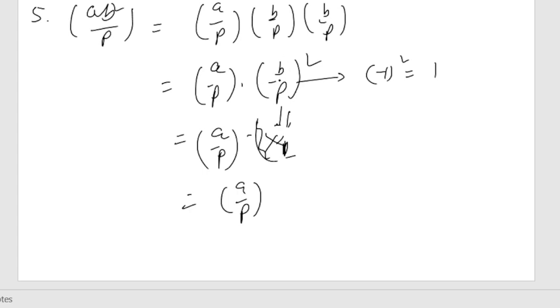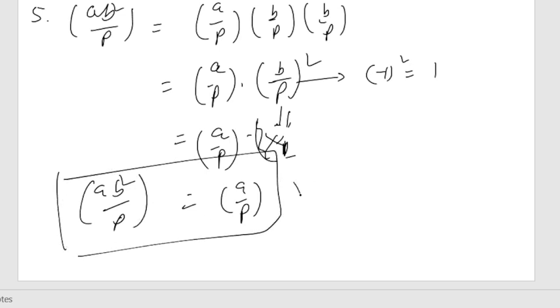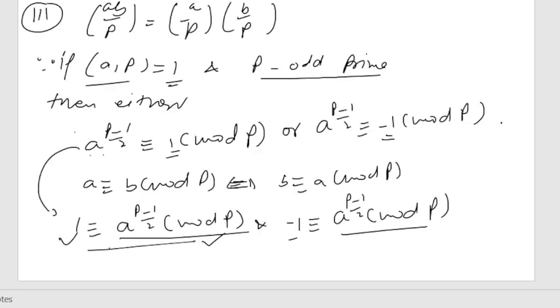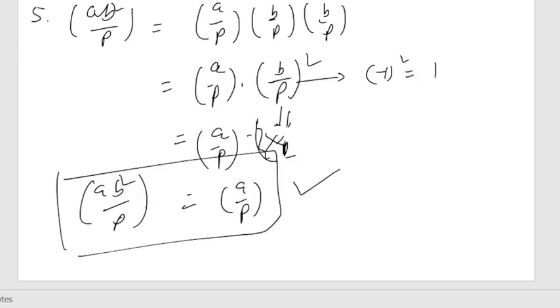It will give you minus 1 or 1, and the square of minus 1 is again 1. This is the proof of the fifth part. I think we have proved all the 5 properties of the Legendre symbol. So it is very important. That's all. Thank you very much.